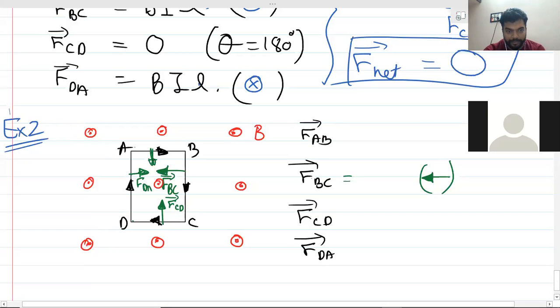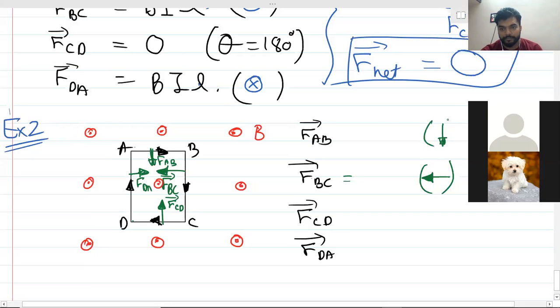And the last one, AB will be there. So AB is downwards. Sir, could you show how to do DA? For DA, look, the current is going up like this. But when you do it like this, the magnetic field will be pointing into the plane, which I don't want. I want it like this. So can you see the magnetic field is now pointing towards me? DA upwards.